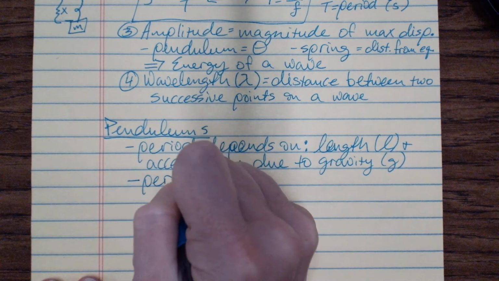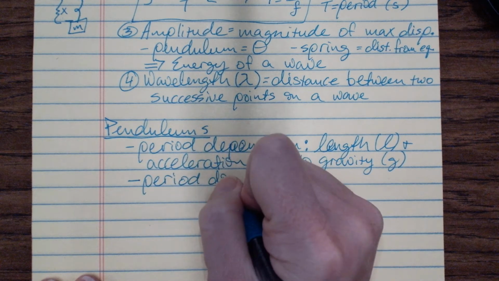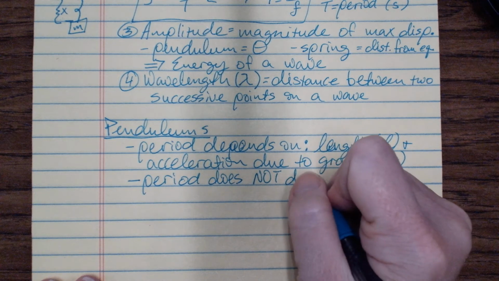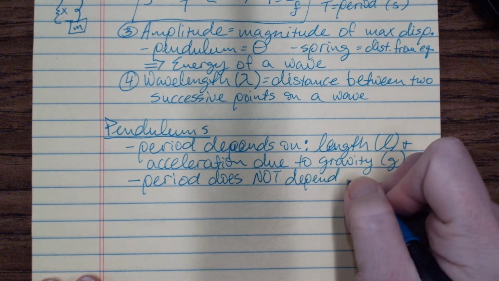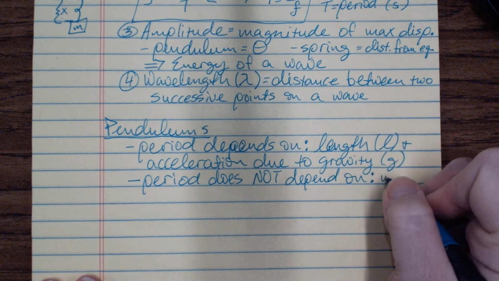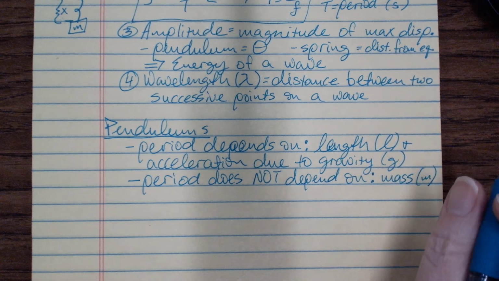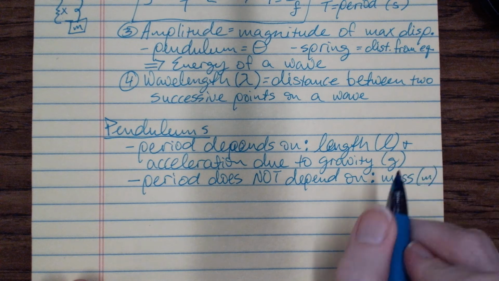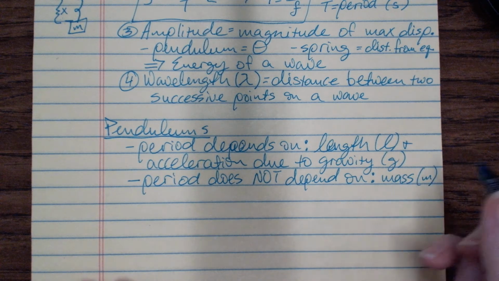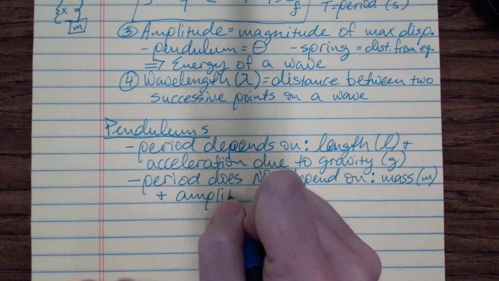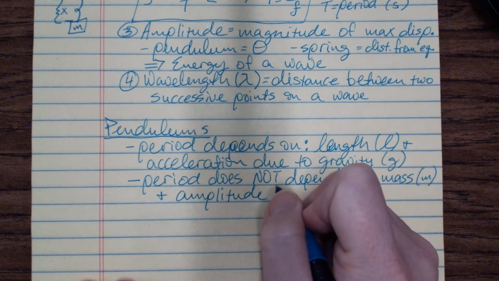Period does not depend on mass, which is denoted by an m, and the mass is still in kilograms until I tell you otherwise. I don't think I will though. And amplitude, which is its angle.